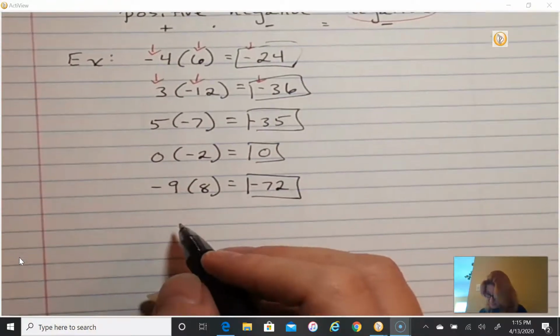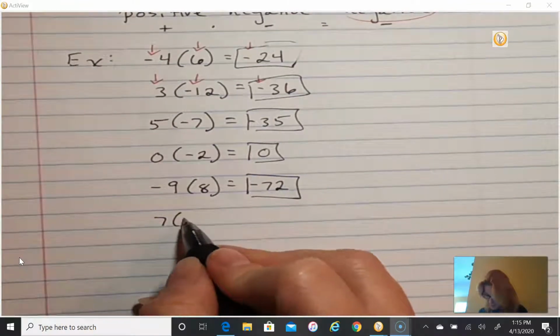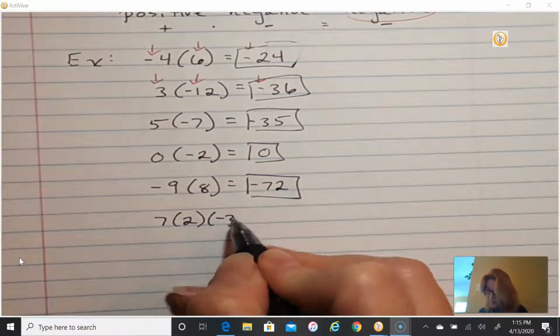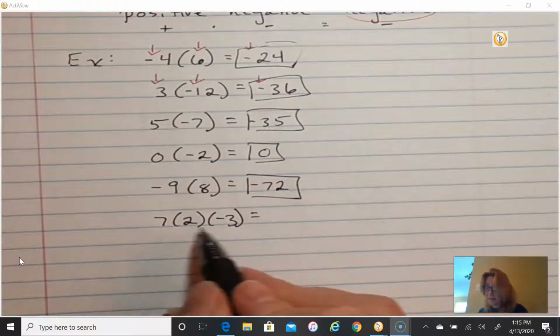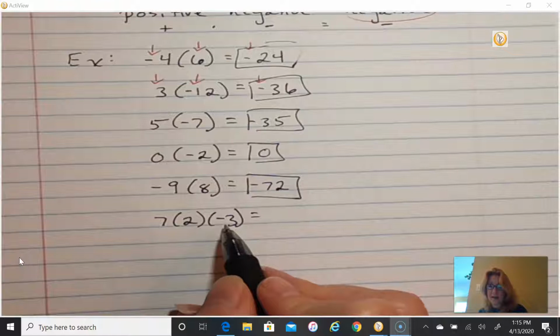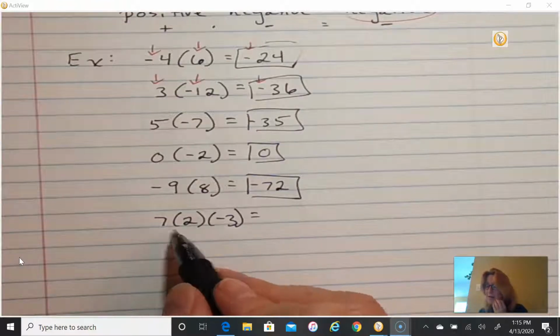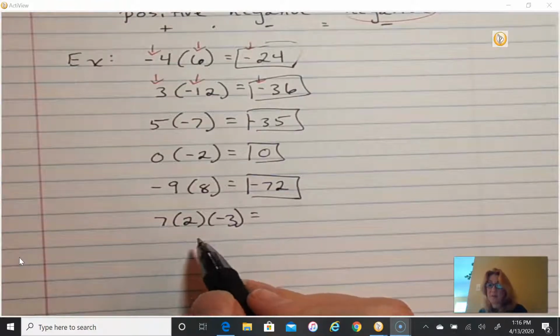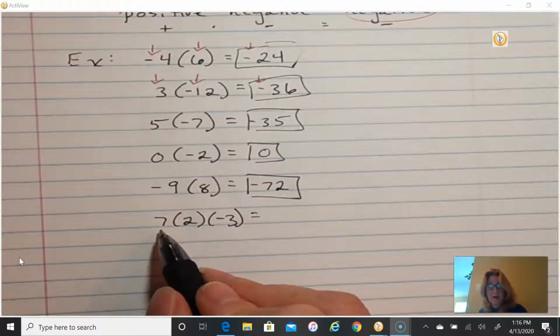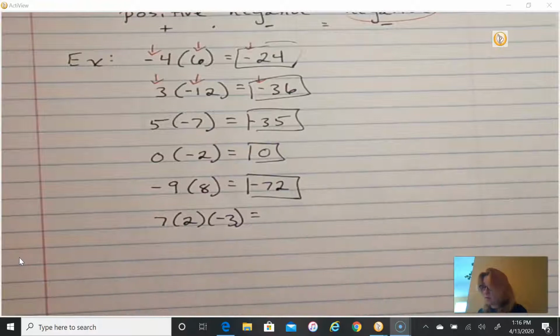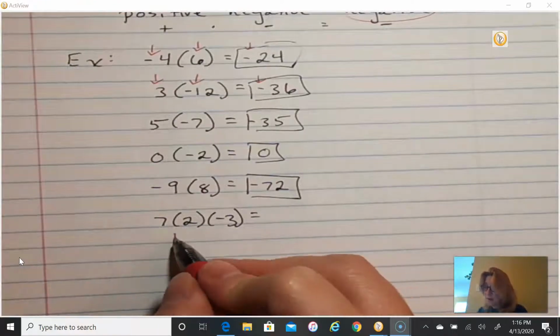How about this? 7 times 2 times negative 3. In this case, this is multiplication, this is multiplication. That's not subtracting. They're all right next to each other, so you're multiplying all three of these. So you would work left to right. 7 times 2 is 14.